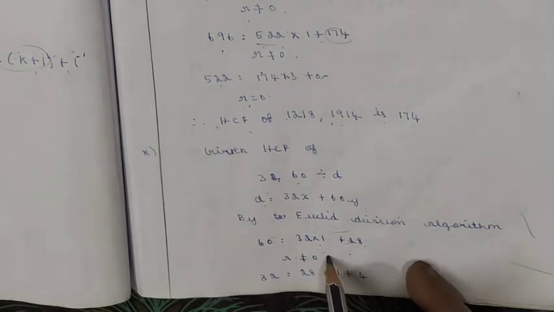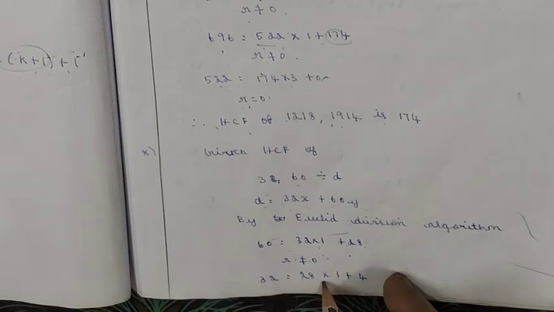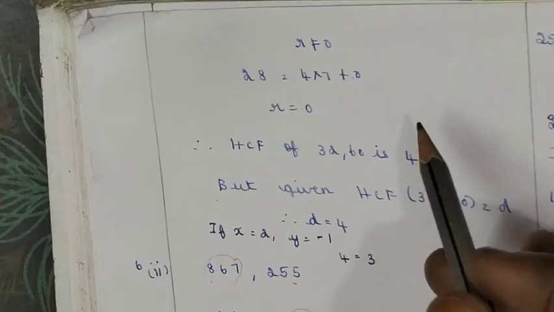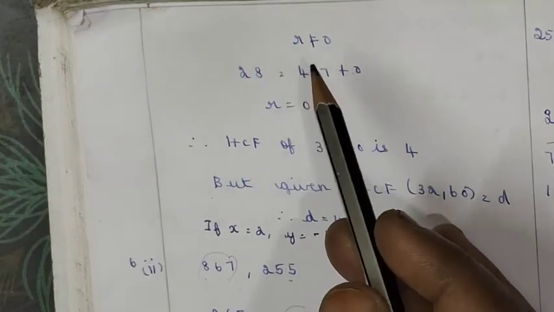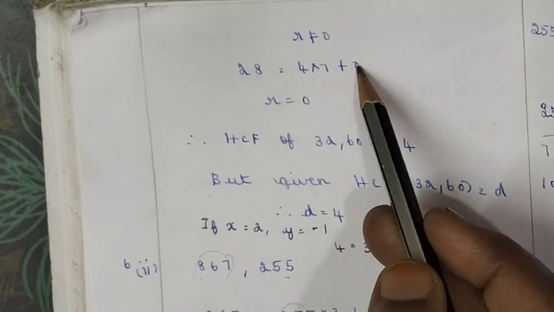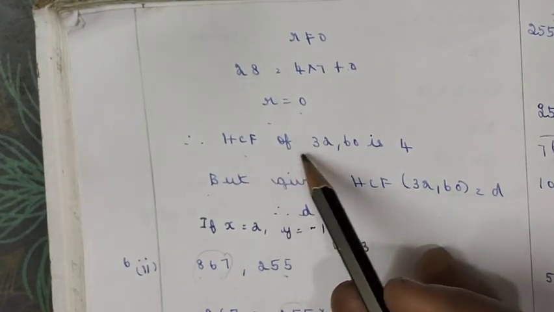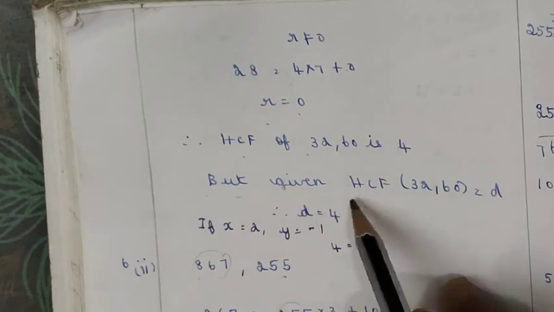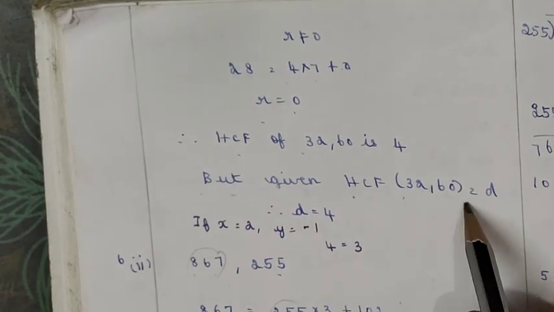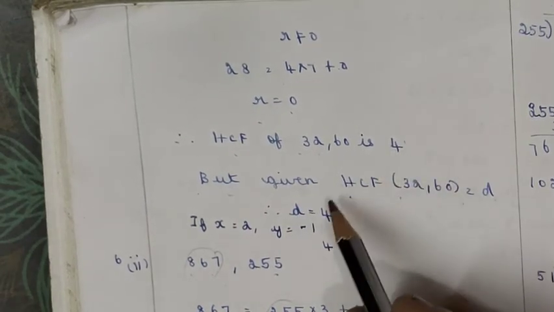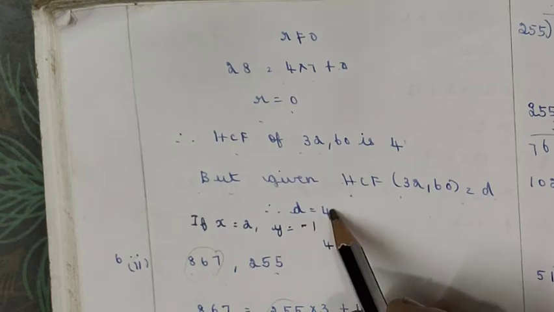So r not equal to 0. Now 32 equals 28 into 1 plus 4. Again r not equal to 0, 28 equals 4 into 7 plus 0, r equals 0. So HCF of 32 and 60 is 4. Since given HCF is D, we equate both. So D equals 4.